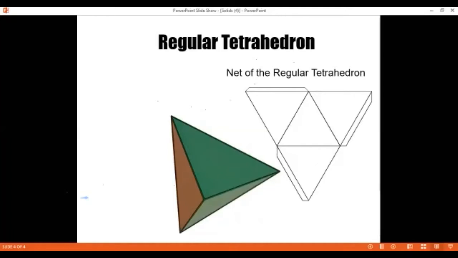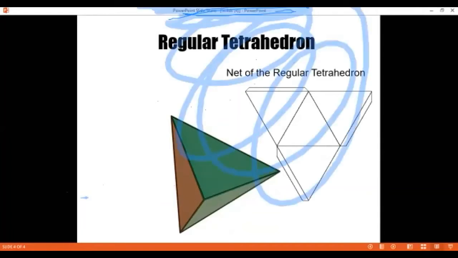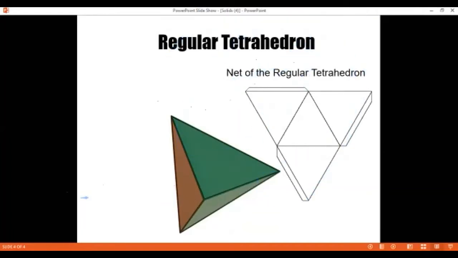That is shown in your textbook, page number 81. You have to draw the 3D shape using dotted lines. The better way is to go to the textbook. Then write a small heading, net of the regular tetrahedron. Write the headings, then leave spaces to draw the figures.